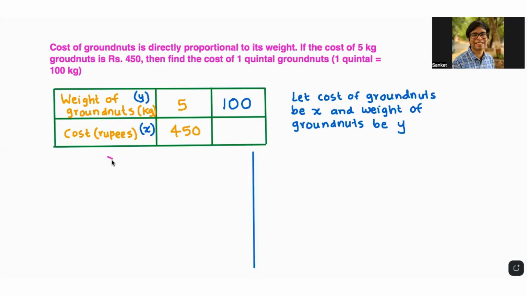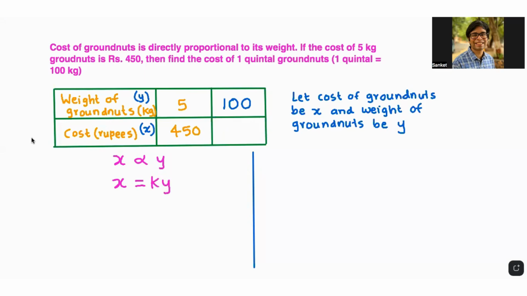In mathematical form, I write it as x is directly proportional to y. Cost is directly proportional to weight. I'm going to remove the proportionality sign and bring equal to sign. And at this place, I need to introduce a constant of proportionality.